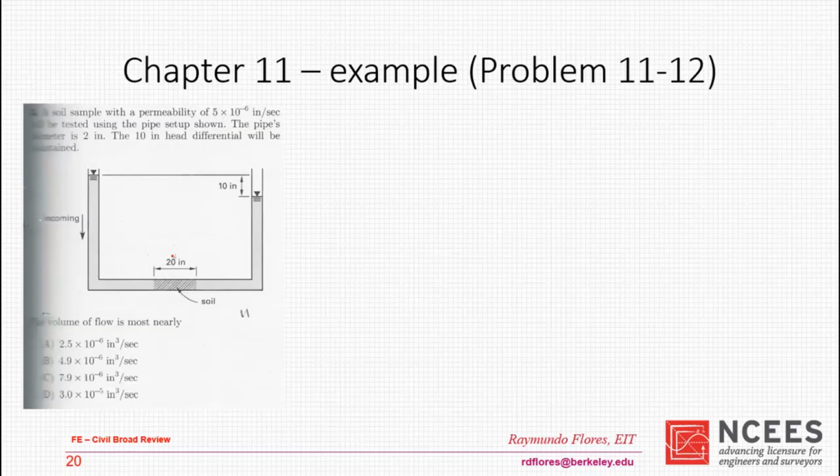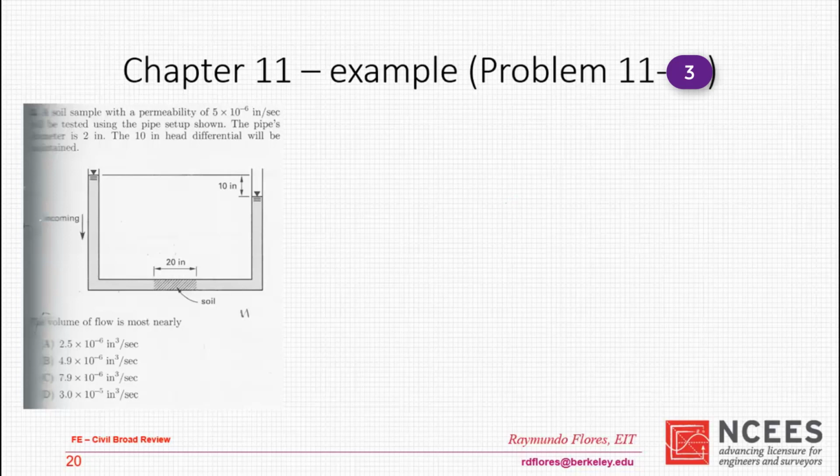In this case, it says a soil sample with a permeability of 5 times 10 to the negative 6 inch per second will be tested using the pipe setup shown. The pipe's diameter is 2 inches. The 10-inch head differential will be maintained.